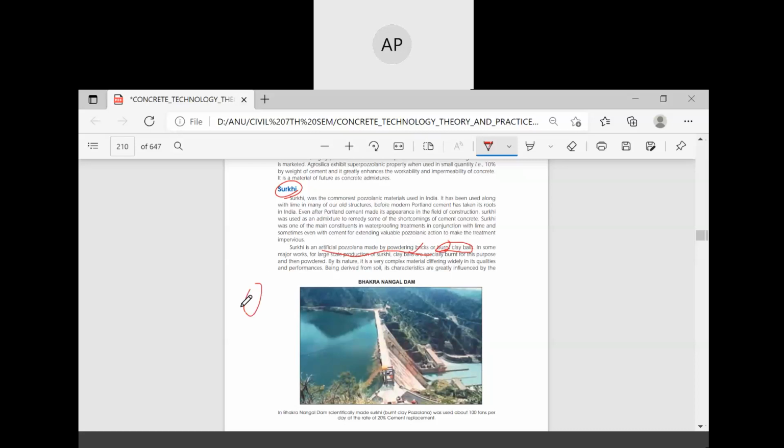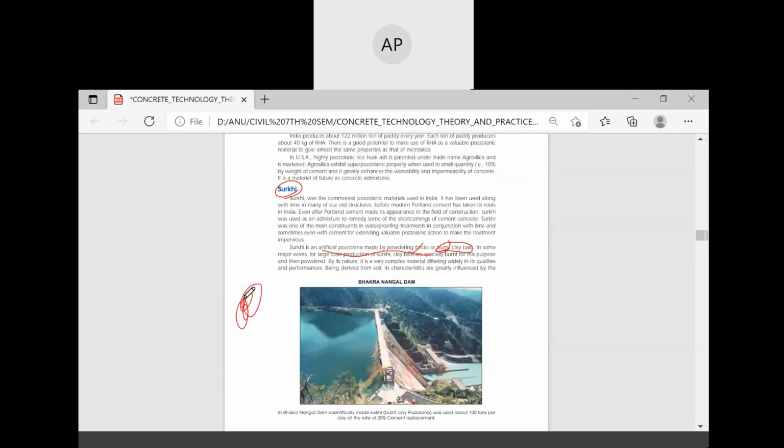If you burn brick and make powder, that is your surki, which can be used as pozzolanic material, a pozzolanic admixture.